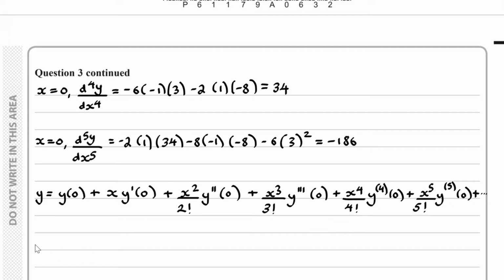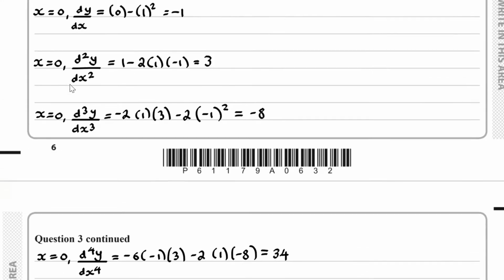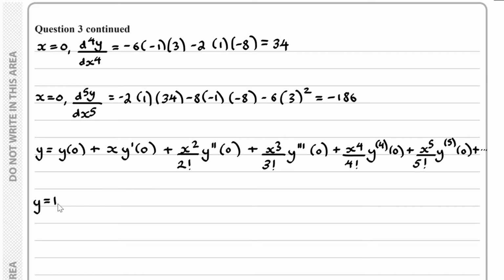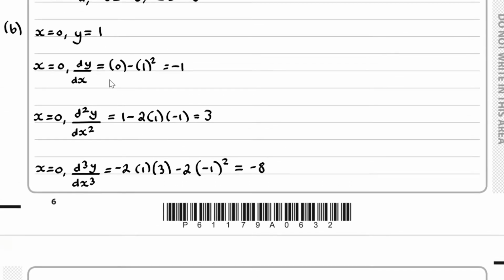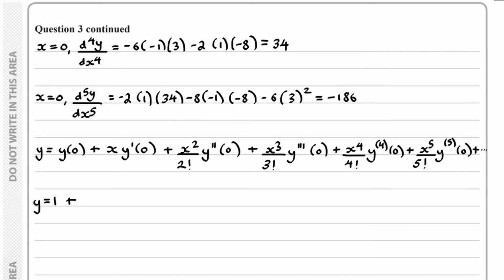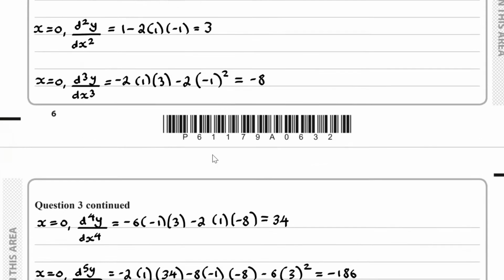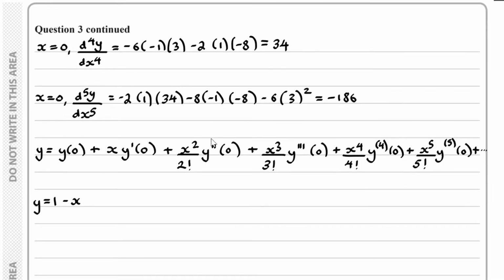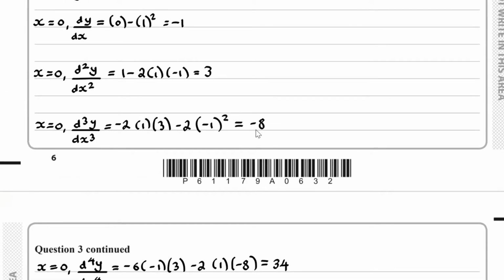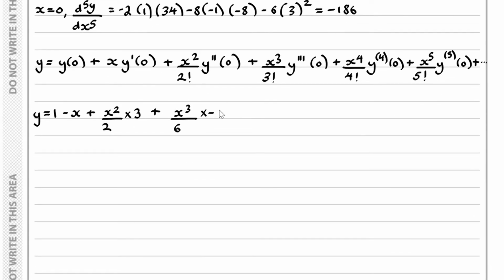So substituting everything, we have y of 0, which we know to be 1, plus x lots of the first derivative at 0, that's minus 1, so we have minus x, and then we have x squared over 2 factorial, and then we multiply that by the second derivative, so that's 3, so we add on x squared over 2 lots of 3, and then for the next term we have x cubed over 6 lots of the third derivative at 0, that's minus 8, so we times this by minus 8.